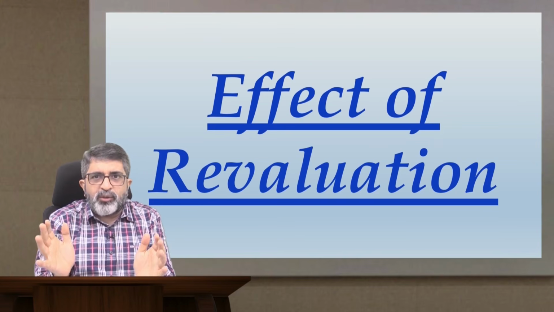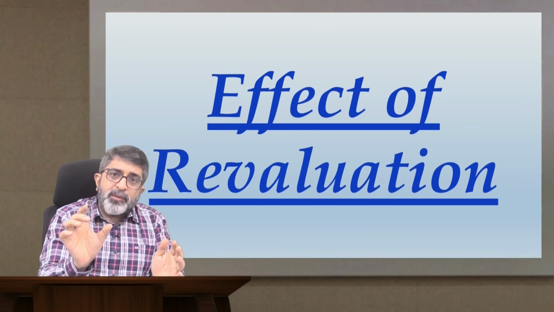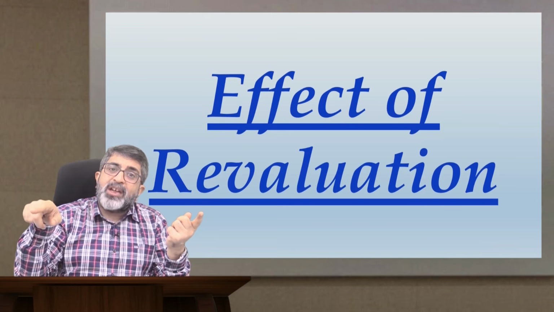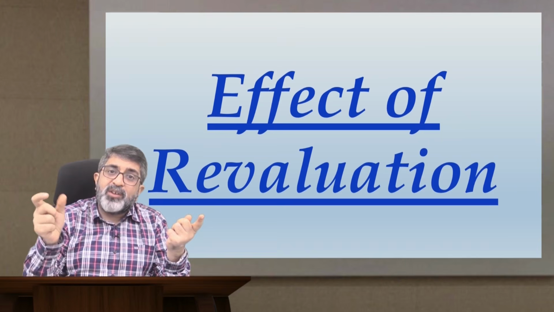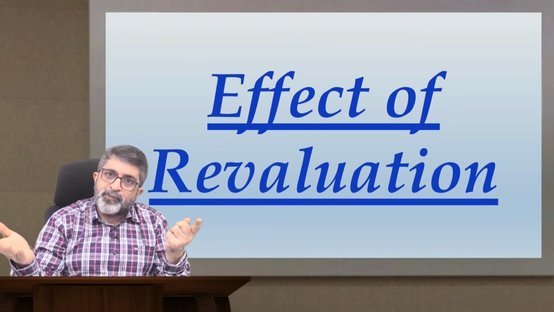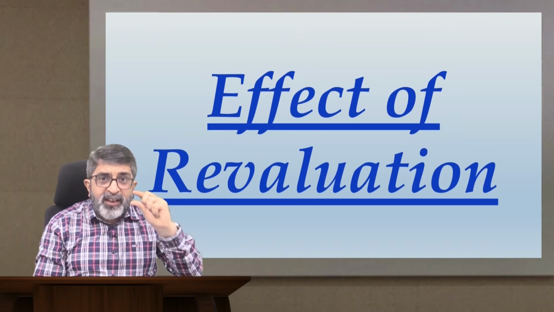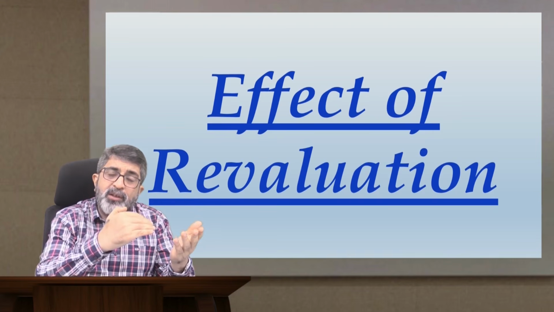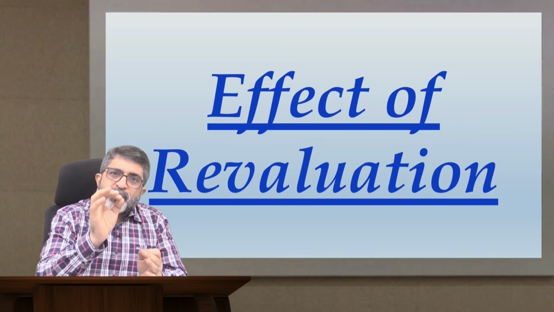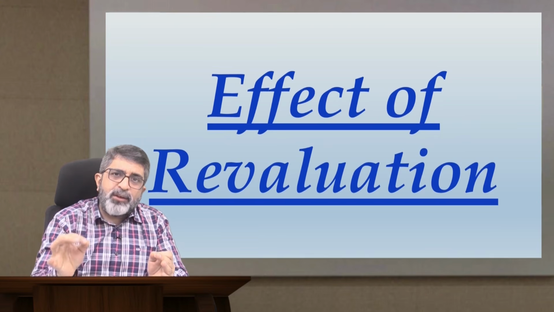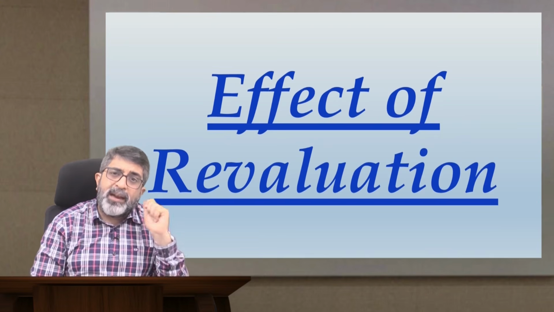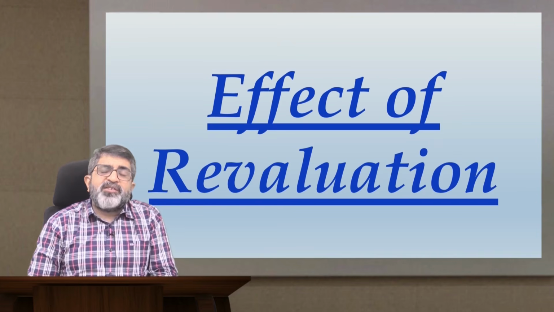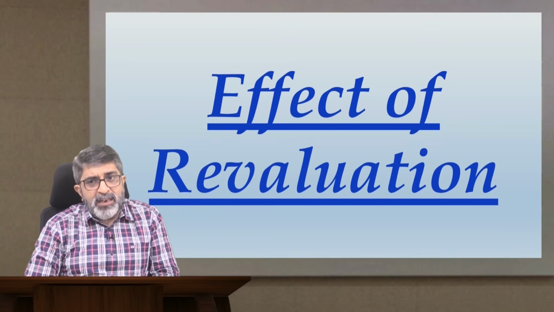So out of $7,000, $2,000 will be treated as a reversal of the earlier loss, which will be taken to your income statement as a gain. Reversal of a loss is a gain. Balance, which is excess beyond the value which was recognized originally, that excess is the revaluation surplus which will be taken to revaluation reserve, not via income statement but via the statement of other comprehensive income.